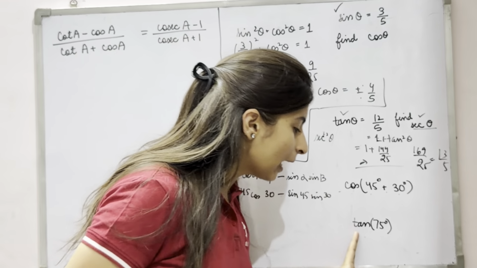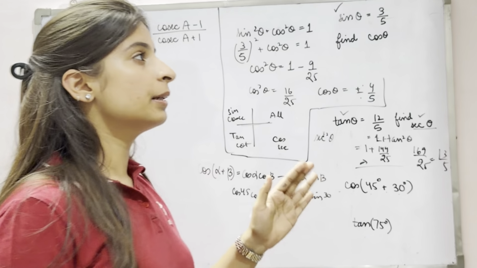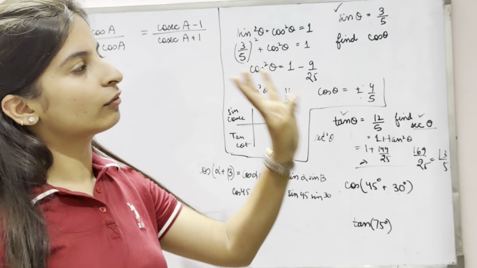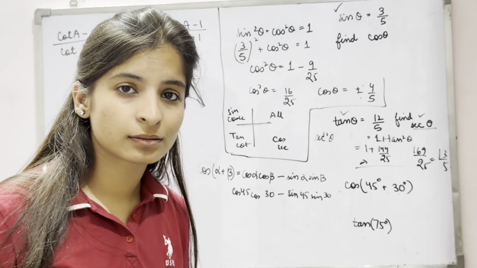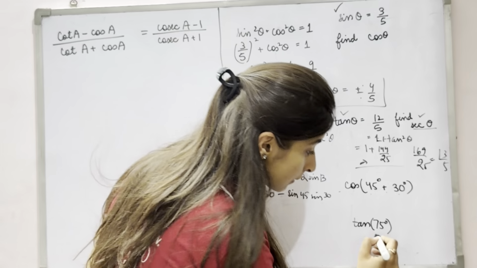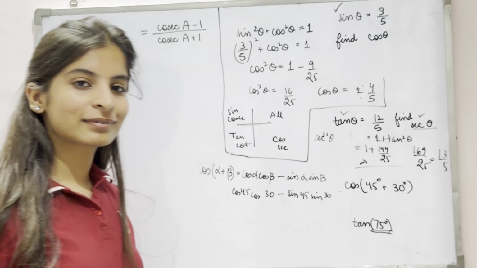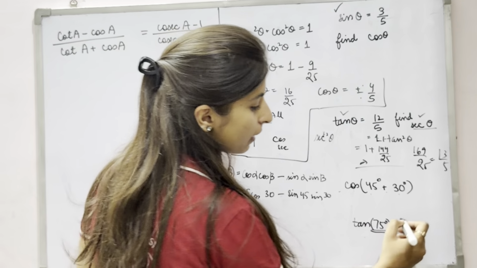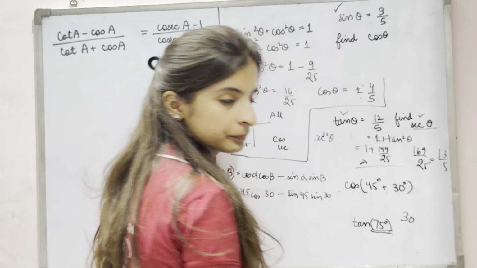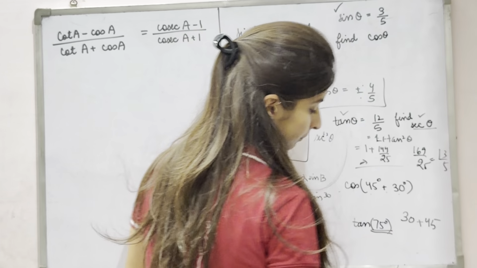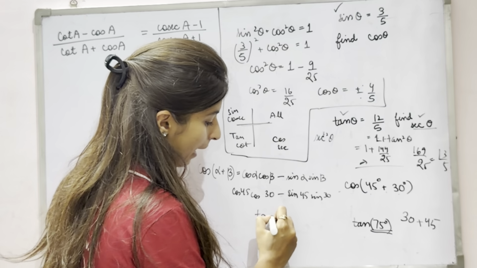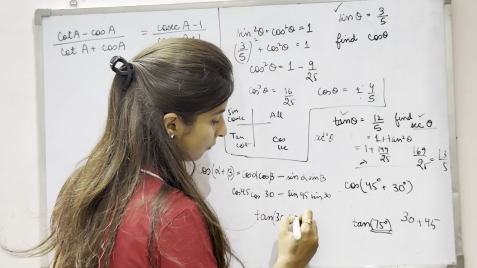Next, tan 75. In that table I had 0 degree, 30 degree, 45 degree, 60 degree. Is there anything else? No. This is asking me 75. This 75 can be written as 30 plus 45, so tan of 30 plus 45 degrees.